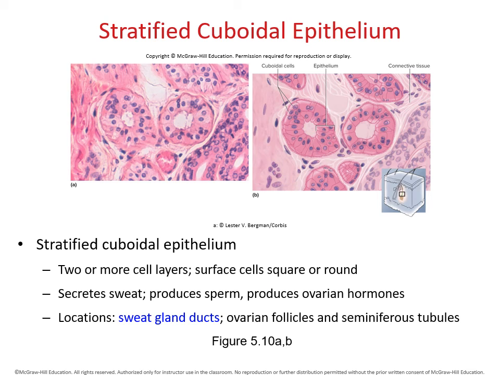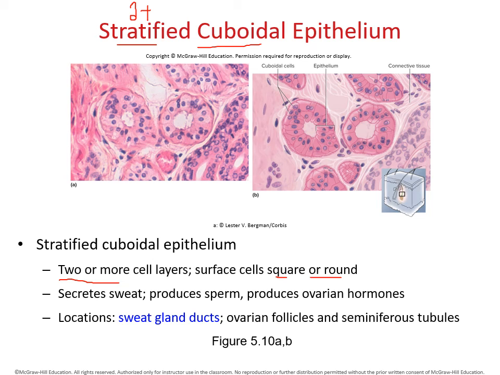All right, how about one that's cuboidal? So this one is going to be stratified, multiple layers, 2 or more. Cuboidal, so once again, remember cuboidal means that it's going to have more of a box shape. It's going to look more circular. So we're looking at 2 or more cell layers, square or round for the individual cells.